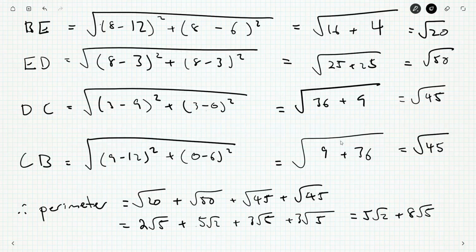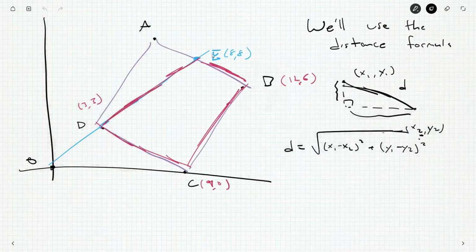Now I'm just a tiny bit apprehensive about this, because I would expect them all to be something root 5. So let's just double check our ED. That is on our picture, right? Yeah, ED, that's 3, 3 to 8, 8.